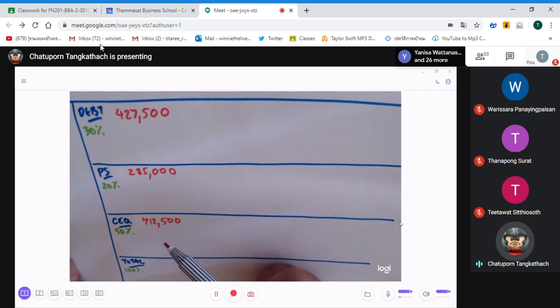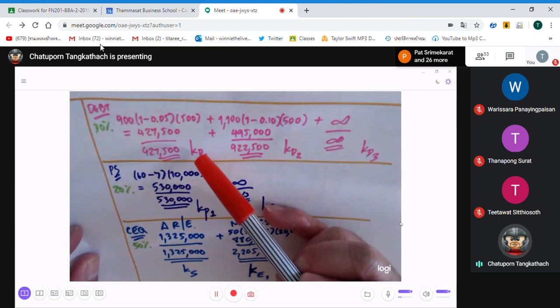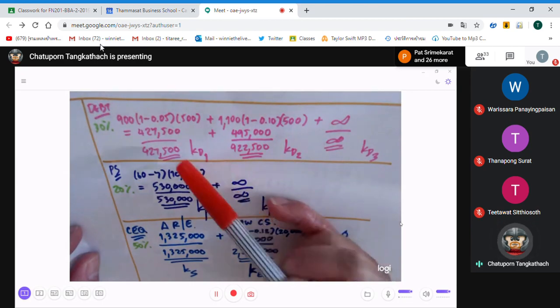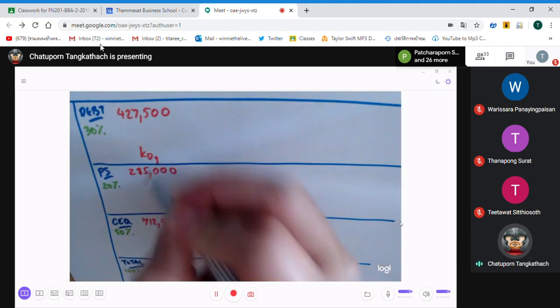In fact, if you do the interpolation, you know the total already, 1,425,000. And for this one, we can assign the cost of capital for each of them. The first one, we can issue debt with cost equal to KD1, not beyond this amount. So the cost of debt here must be KD1 for sure.